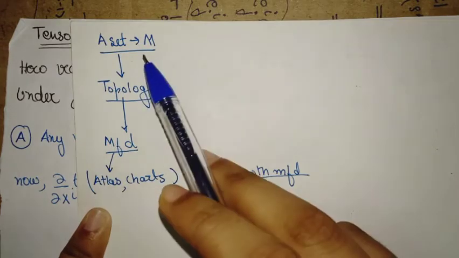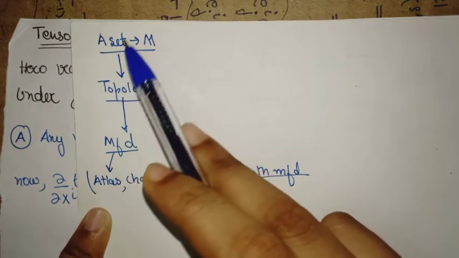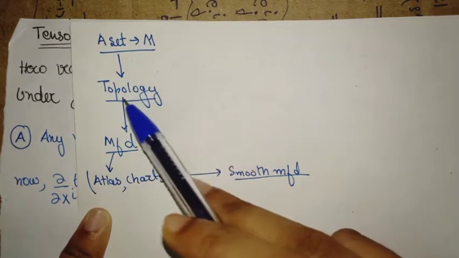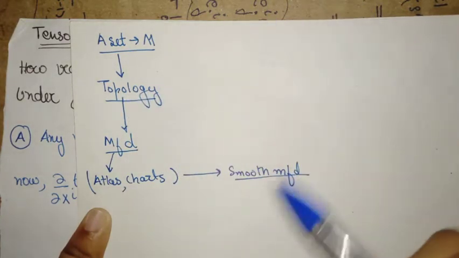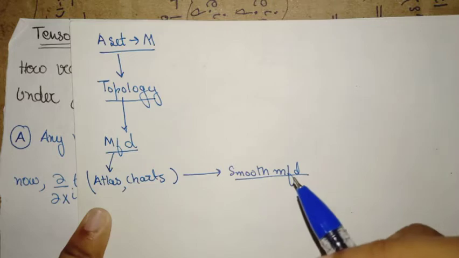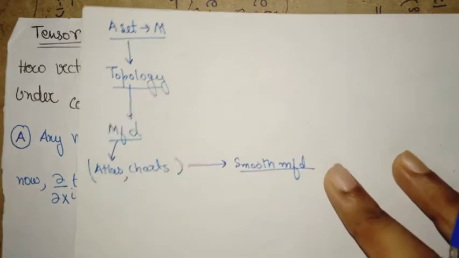So we start with a set M, and then we give it some sort of structure to make it into a topological space. And then once it is a topological space, we define the notions of continuity of functions over that.